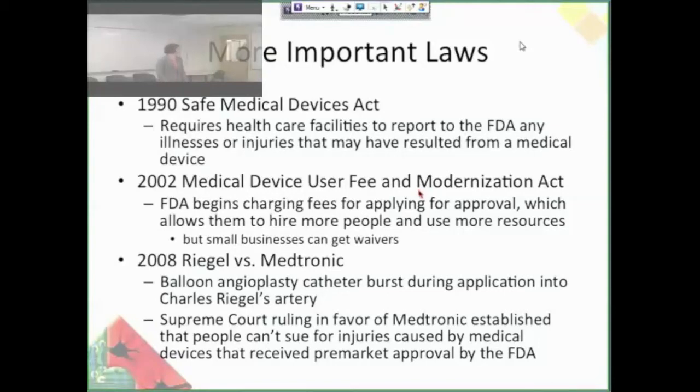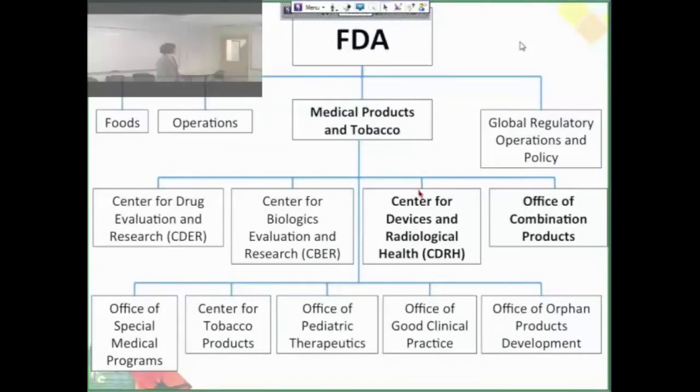The Supreme Court ruled in favor of Medtronic because the device was FDA approved; the FDA said it was safe and effective, so Medtronic can't be held responsible for something the FDA approved after this strict, stringent approval process. They should be protected from liability at that point. So that's effectively current law today: if you get approved by the FDA, you're essentially protected from liability. Okay, more on that later.